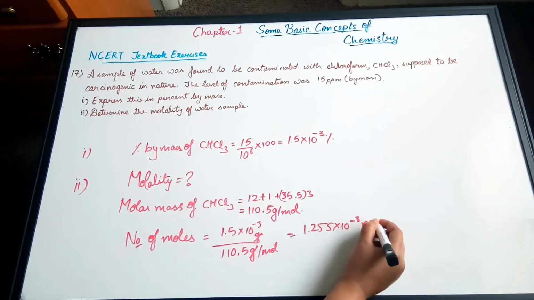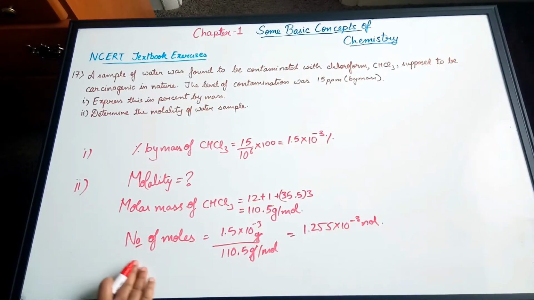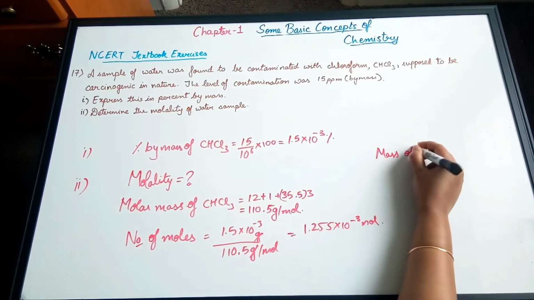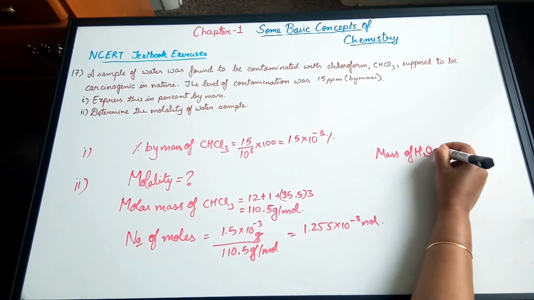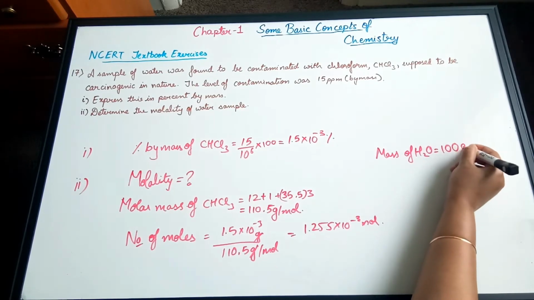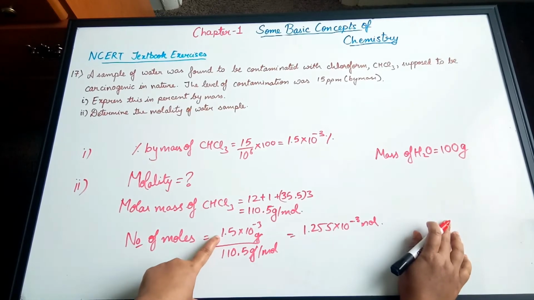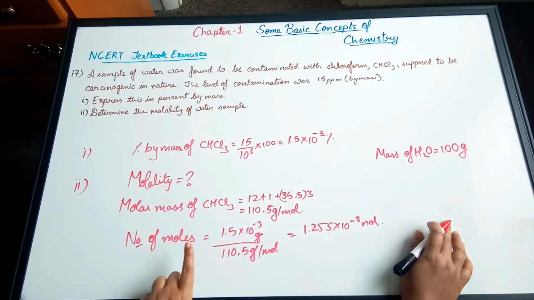And since we have taken the mass of water as 100 grams, in 100 grams of water you have 1.5 into 10 to the power minus 3 grams of chloroform. Based on that only we were able to calculate the number of moles.